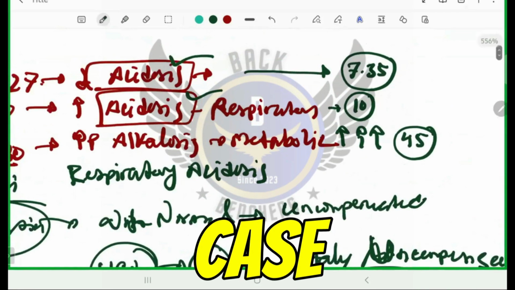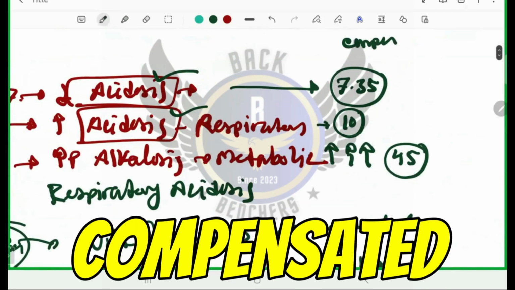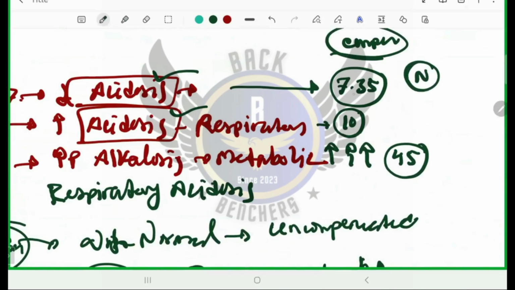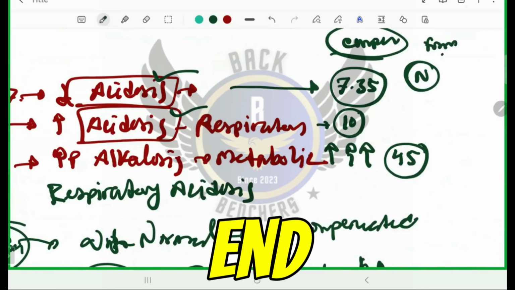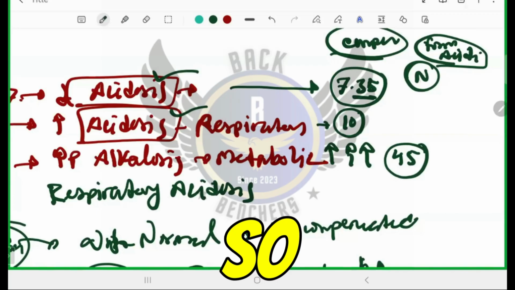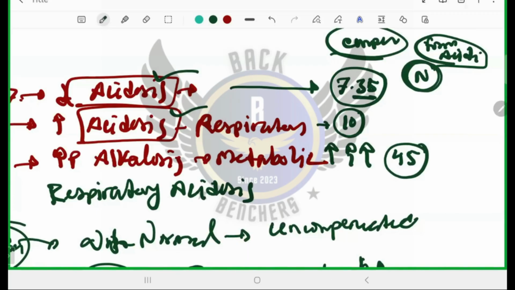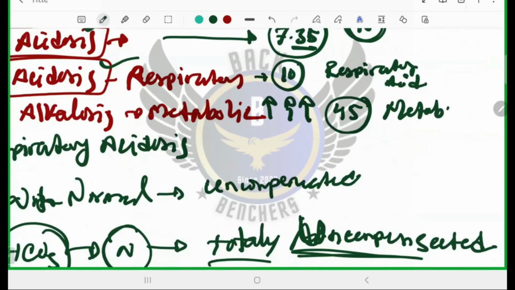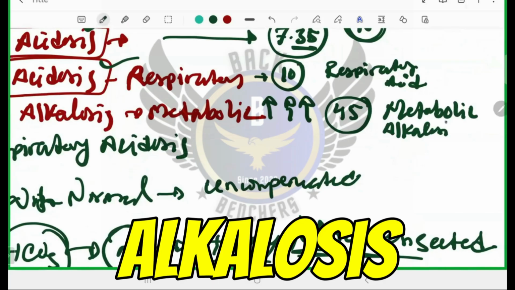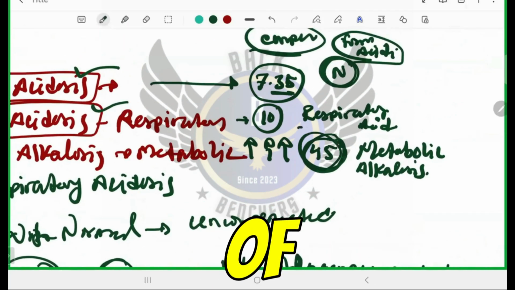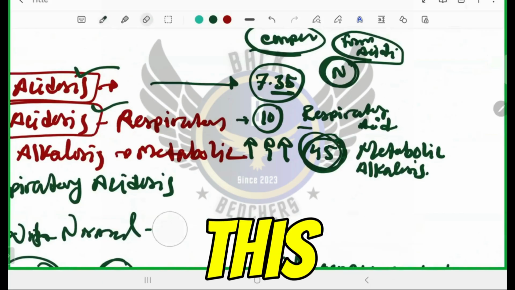So in case of a compensated picture, you will have a normal pH from the acidic end, because 7.36 is near acid. So from the acidic end, this is our respiratory acidosis and this is metabolic alkalosis. In case of respiratory acidosis, you will have this kind of picture.